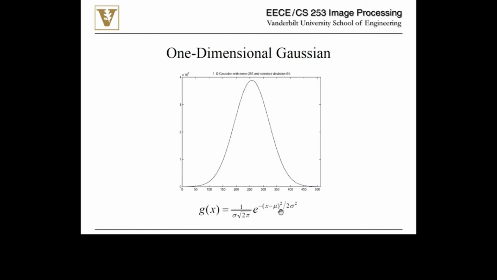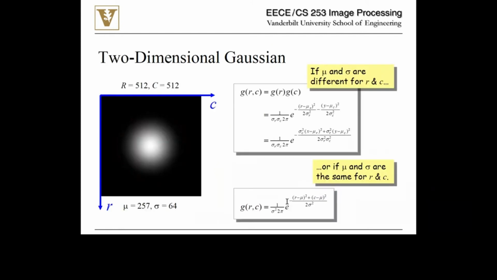The main parameters of the Gaussian are the location, that is the mu, and how wide it is, that is the sigma. In 2 dimensions, you define the Gaussian in a similar way. It is the multiplication of 2 univariate Gaussians.